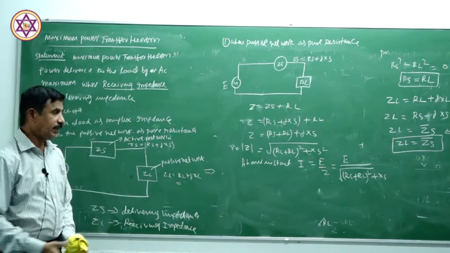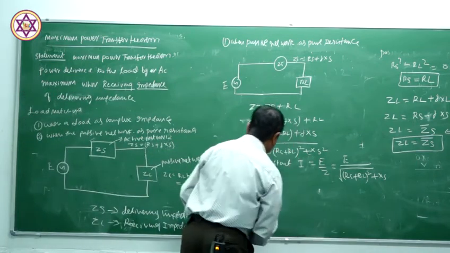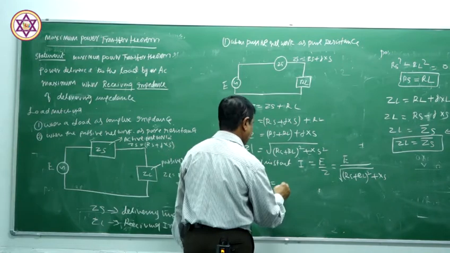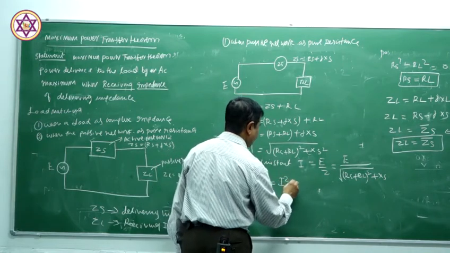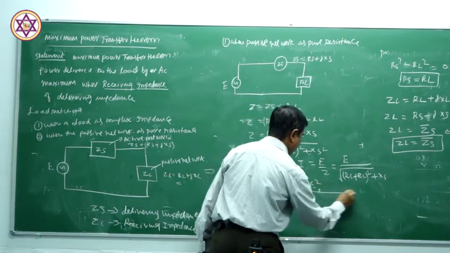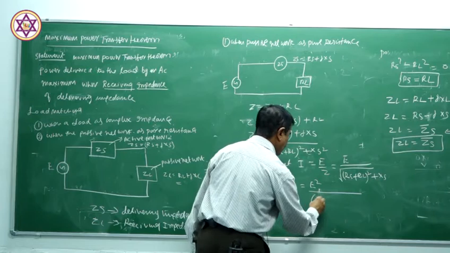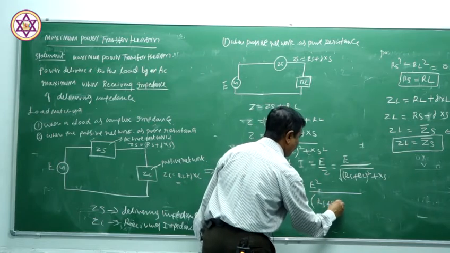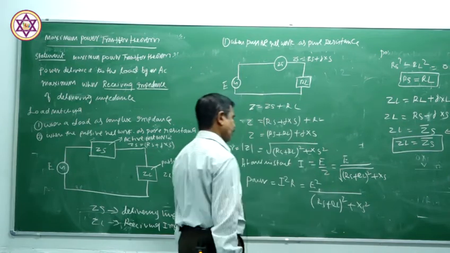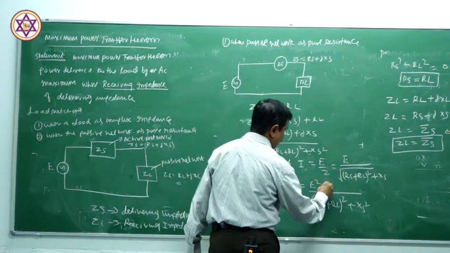Now let us calculate the power. Power is equal to I squared RL, that is E square divided by the root of (RS plus RL) the whole square plus XS square, into RL.